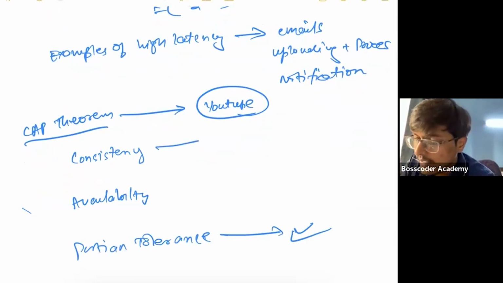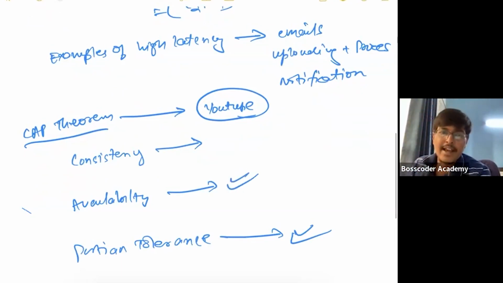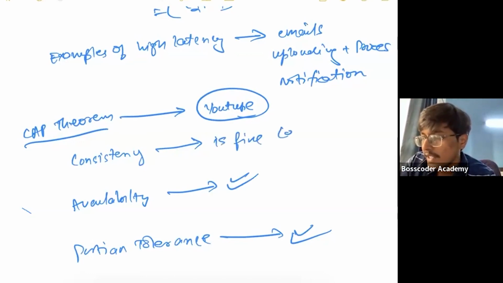So out of consistency and availability, what do you want? Availability means that when you're watching a movie, you're able to watch it if any server is available. So you want availability in this case. Consistency is fine. You can have eventual consistency.